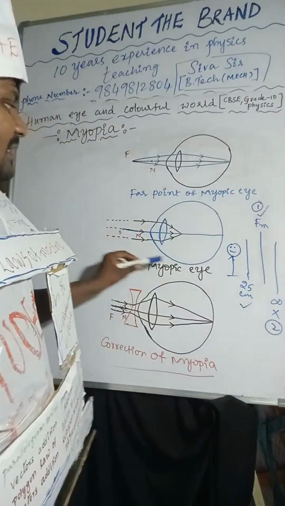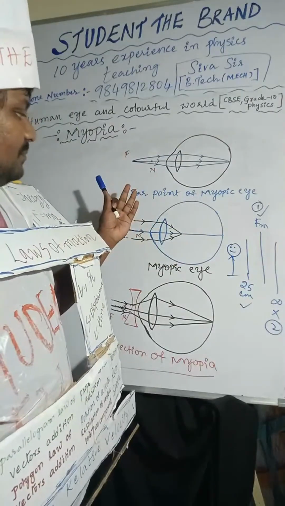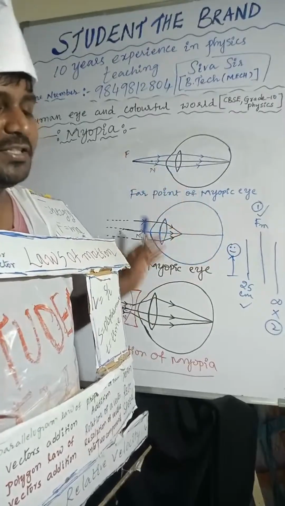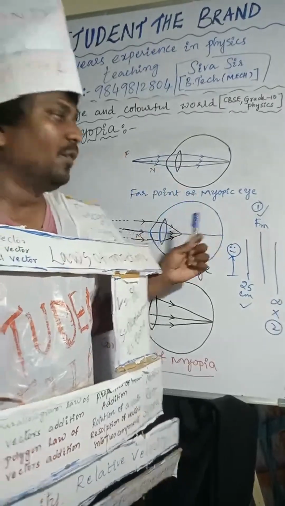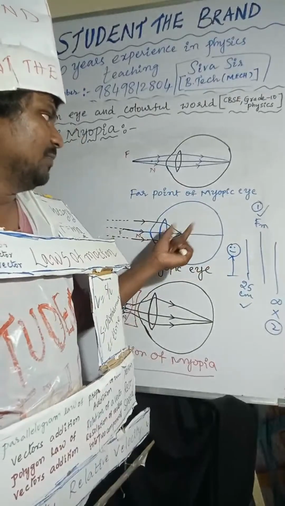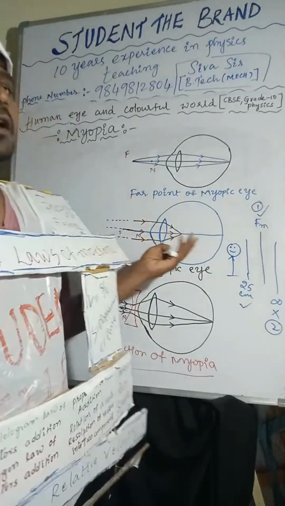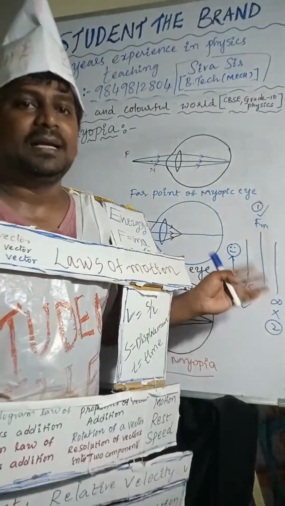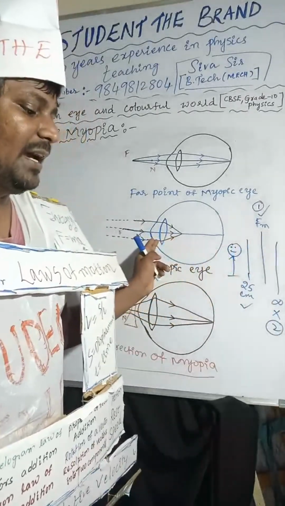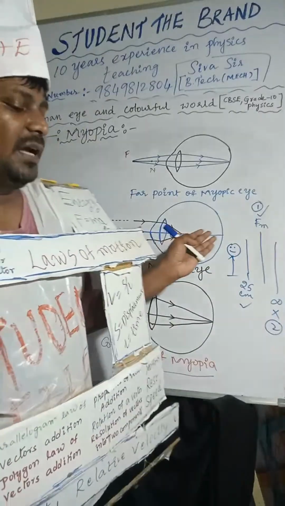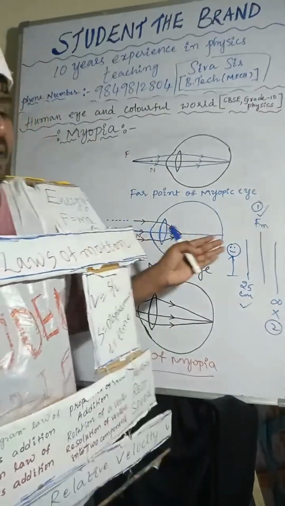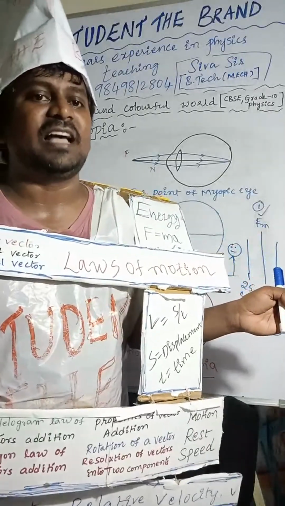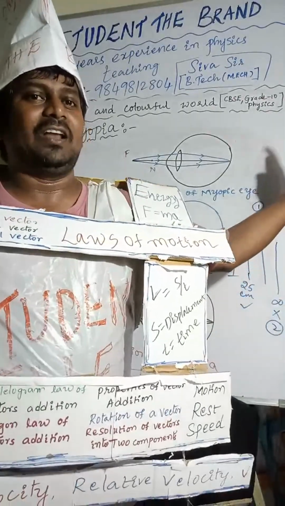The eye lens becomes large, the curvature of the eye lens is more, and the focal length is less. By seeing the second diagram, you'll get to know the causes of myopia.